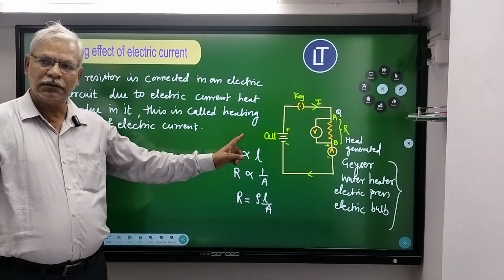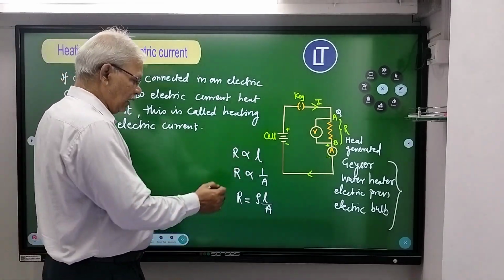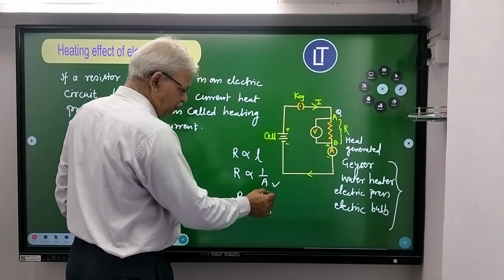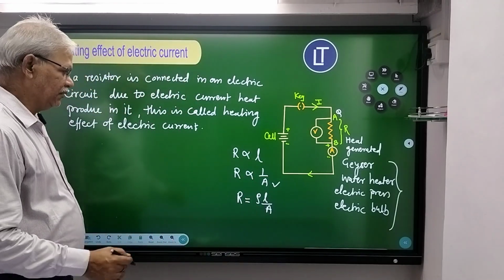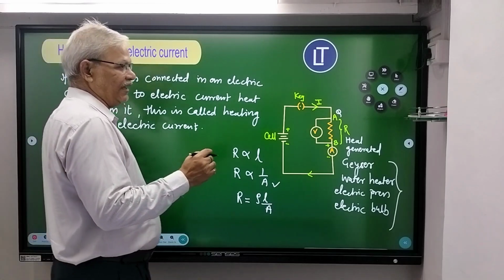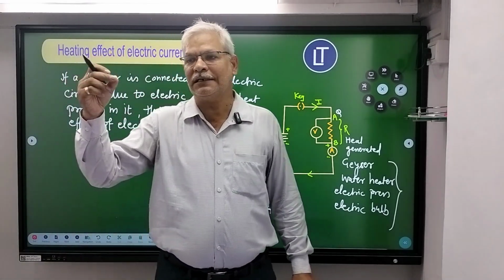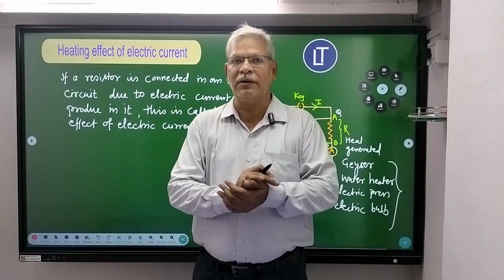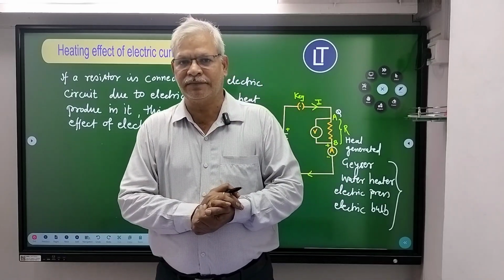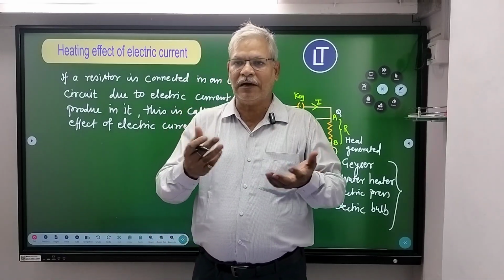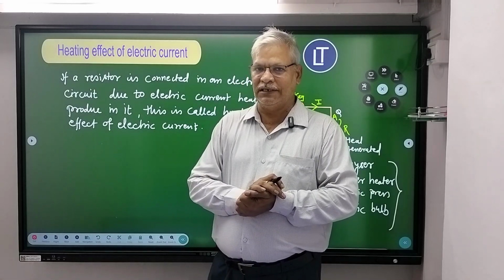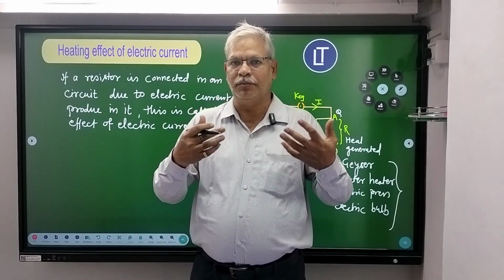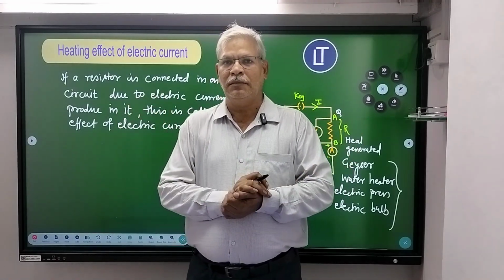When the wire or conductor is thin, it offers more and more resistance, so it gets heated easily and emits maximum light energy.